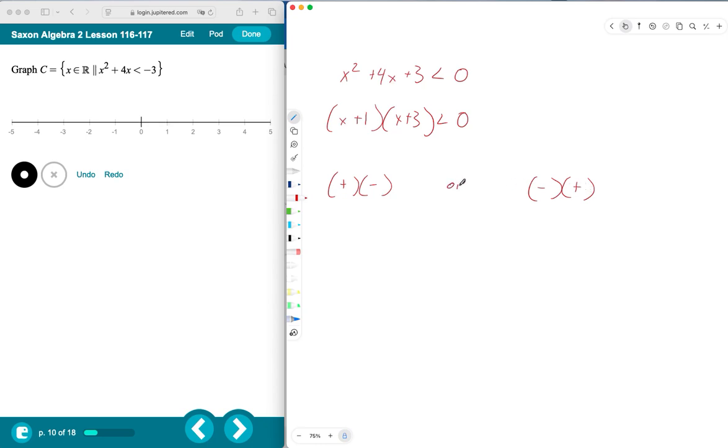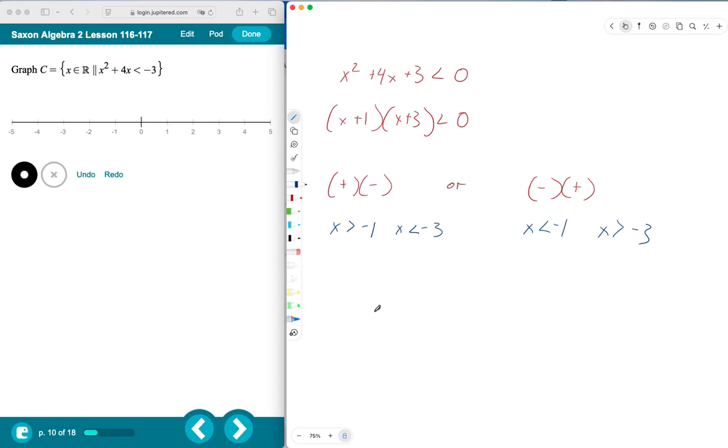So it's going to be this pair or that pair. x plus 1 would be x is greater than negative 1. This is negative, so x would be less than negative 3. Or x would be less than negative 1 and x would be greater than negative 3.